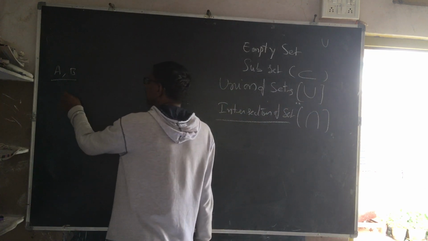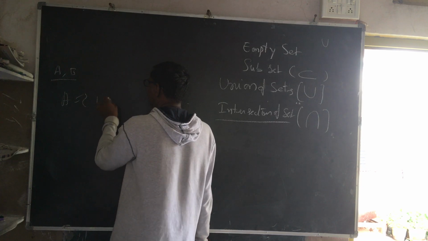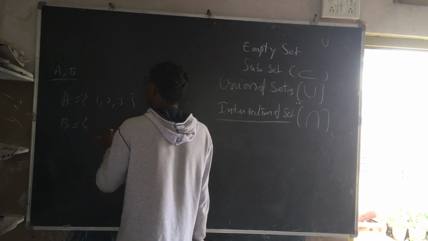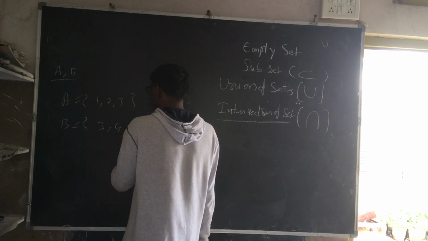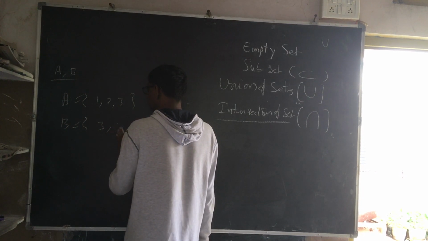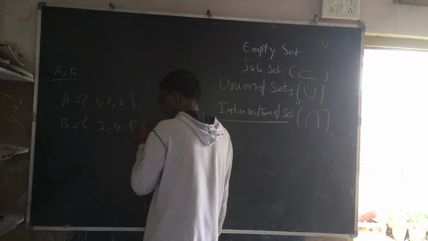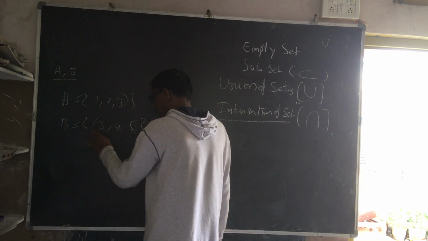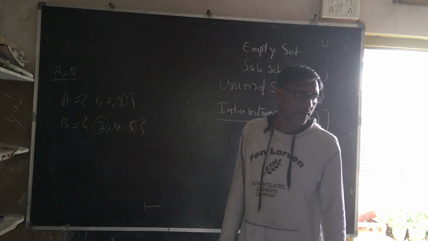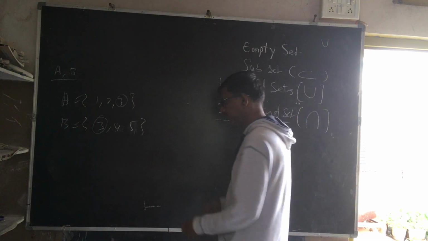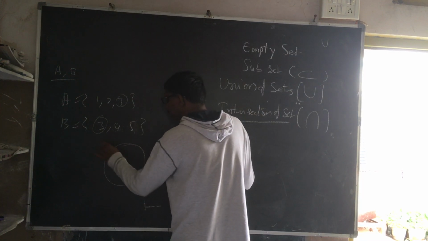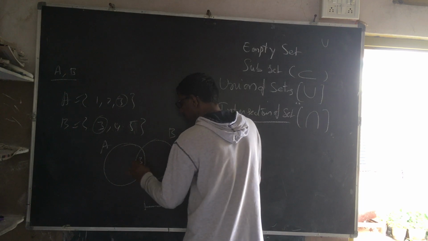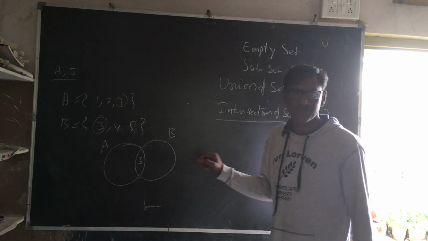I will give you a best example to understand. A is 1, 2, 3, and I will give B: 3, 4, 5. See what are the common elements here and here. Suppose this is my A and this is my B. 3 is common between them.